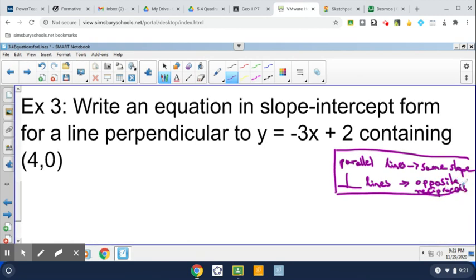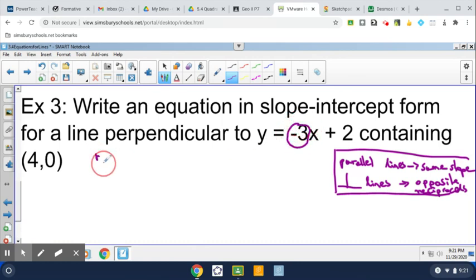What does that mean? If one slope is 1/2, the opposite reciprocal will be -2/1. If slope is 3/4, the perpendicular line will have a slope of negative 4/3. Okay, so this is how you start this. This slope is -3.